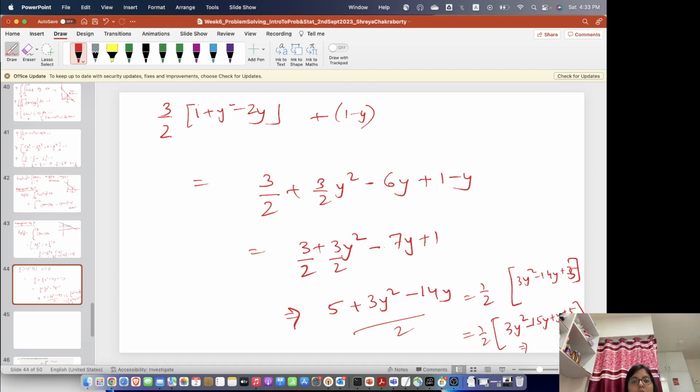Some mistake I'm making, it seems. 3y square minus 14y, so this will be 3y, y minus 5 plus 1. Okay, I think I'm doing some calculation mistake over here.